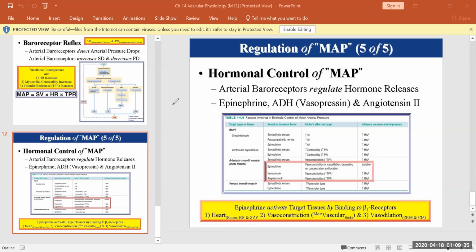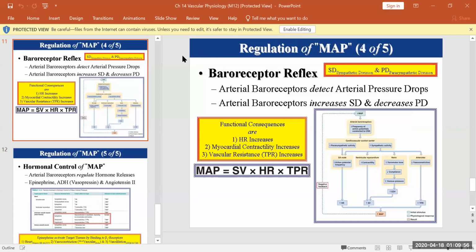So if epinephrine comes in and activates these beta-1 receptors, if it's binding to the beta-1 receptors on the pacemaker cells, it will make the heart beat faster. Okay, so going back here, the same equation, if you make the heart beat faster, you will increase MAP. Okay.